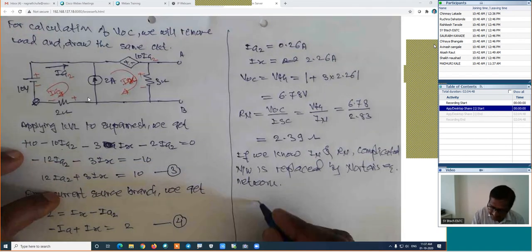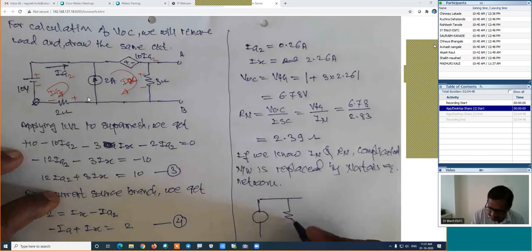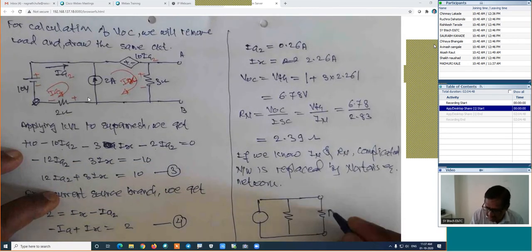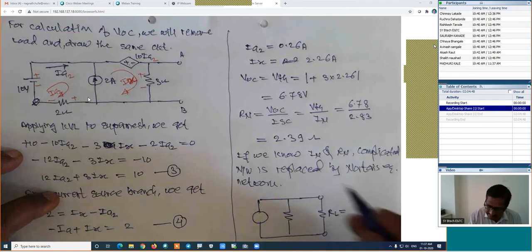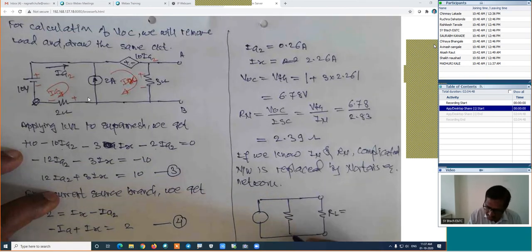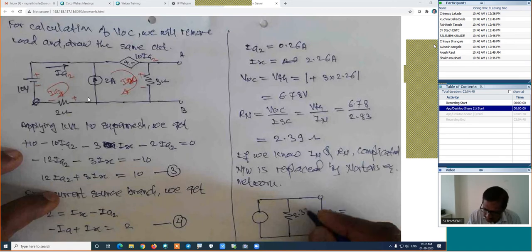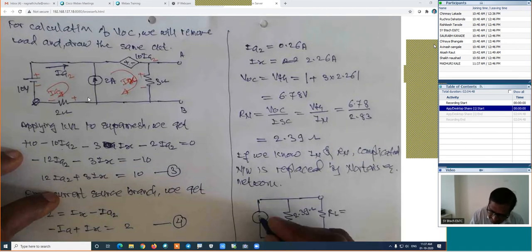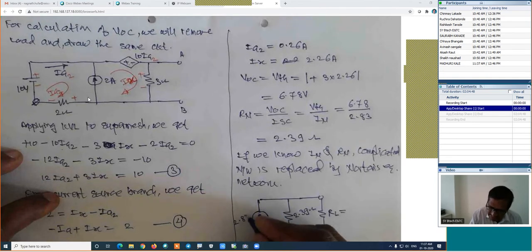How will be the figure? Something like this. This is Norton's equivalent network. Reconnect load resistance, which is removed in the first step. This is RL, and here this RN is 2.39 ohm. And how much is the ISC, which is 2.83? This is 2.83 amperes.